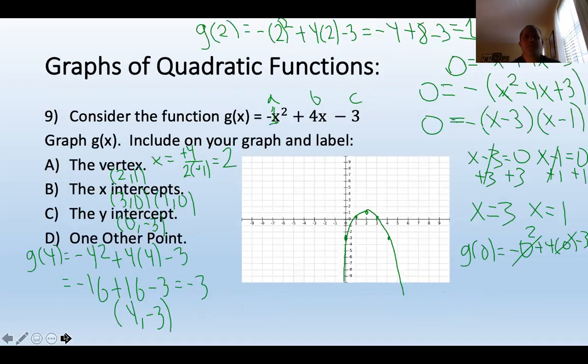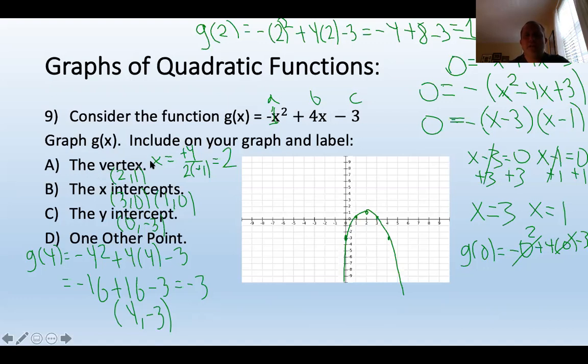The next question says, consider the function g(x) equals negative x squared plus 4x minus 3. Graph g(x). Include on your graph and label the vertex. So the vertex is the first thing we want to find.